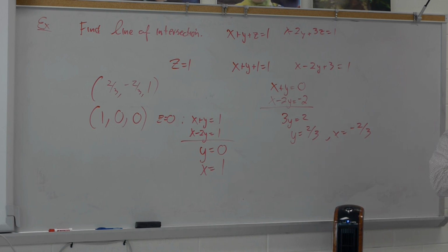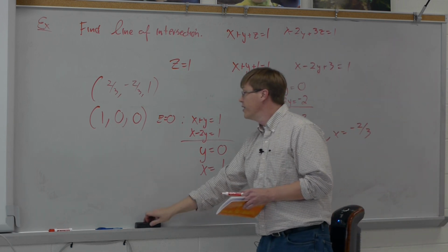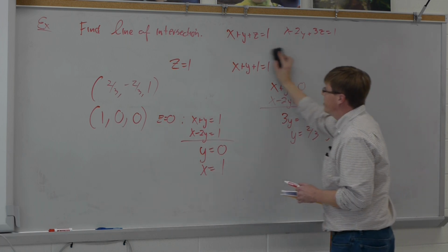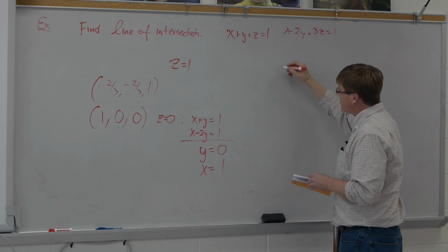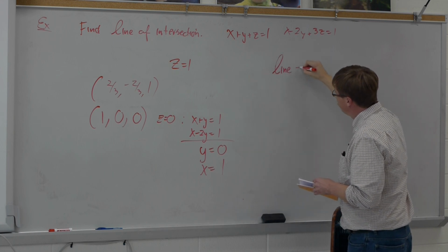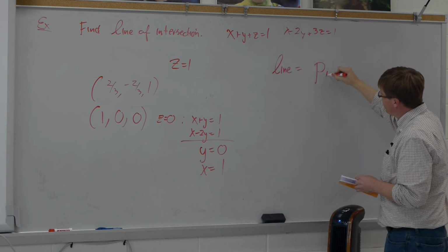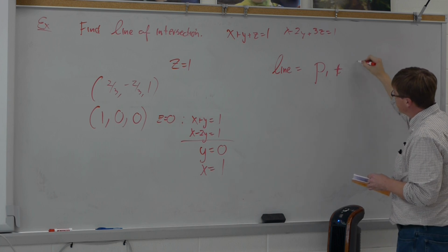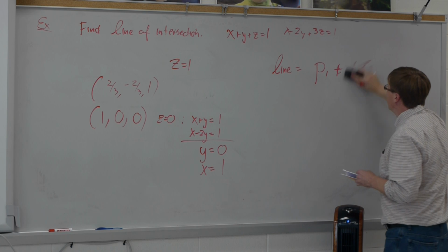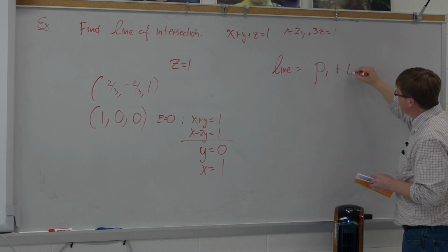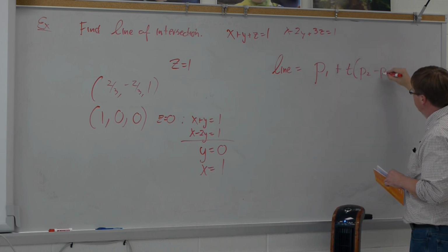So now that I have 2 points on the line, I can write the equation easily, right? Just pick the point and the displacement vector. So I'll erase this one. That means my line is P1 plus t times P2 minus P1.